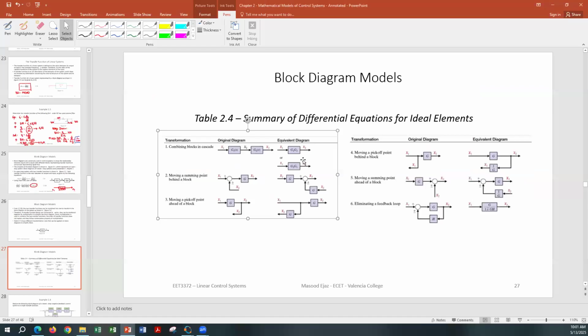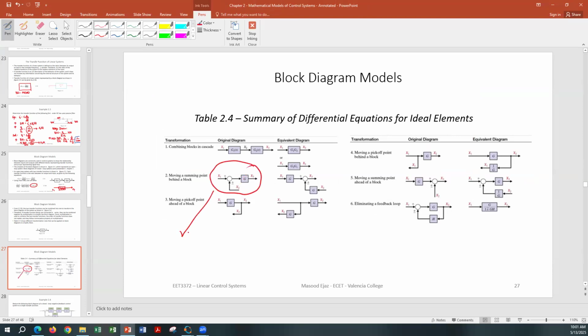So just to show you, let's say this one. In this case, x1 and x2, let's say, they are being subtracted. Over here, let me redraw this. Let's say you have something like this, and a signal is coming here.